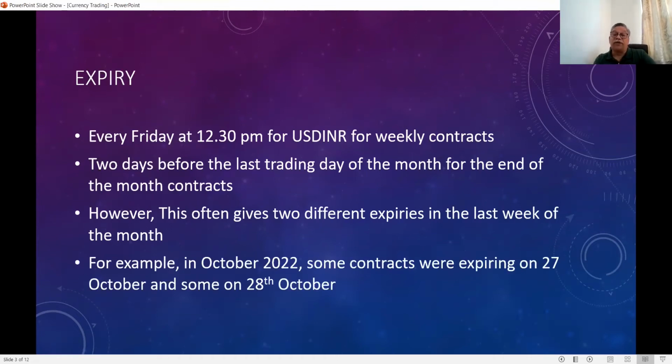All right. So there were some contracts expiring on 27th October, some on 28th October. The liquidity in the 27th October contract was 20 times higher than the 28th October contract. 20 times higher liquidity. This is observed only at the last contract of the month.